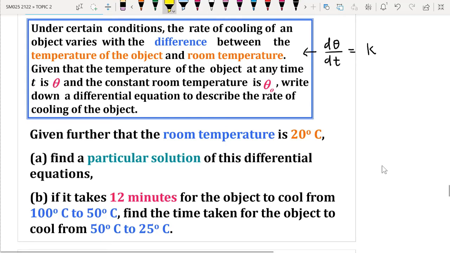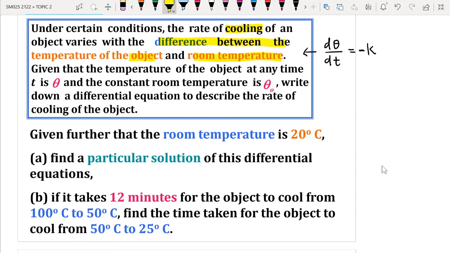Because we have to cool down the object, we have to put a negative here. If it's about heating, then it's positive k. If it's cooling, then it's negative k. So k multiplied with what? Next statement: difference between object and room. Remember that part.